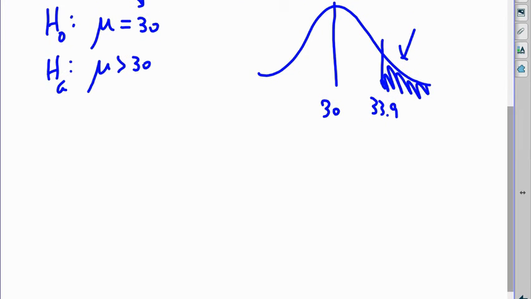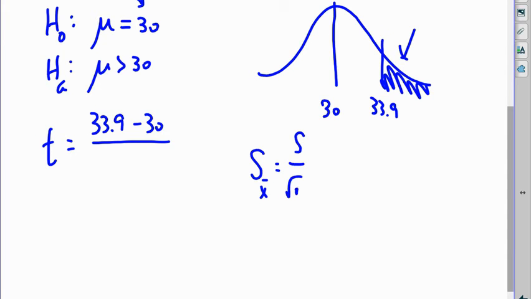Now we're going to find our t-test statistic, not a z, a t, and that is sample mean minus population mean over the standard error of the mean, if you want to write that off to the side.